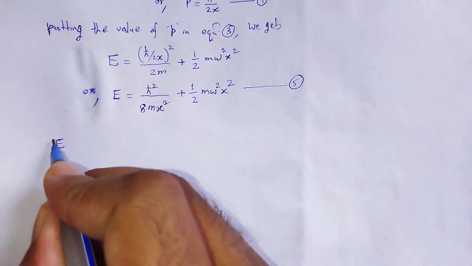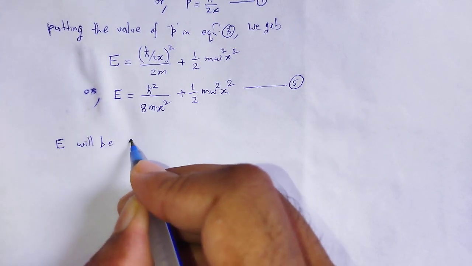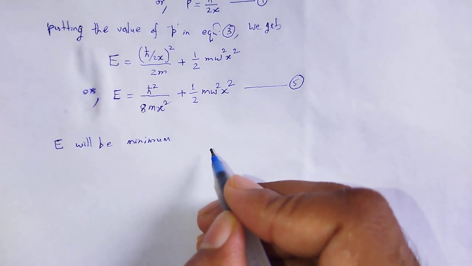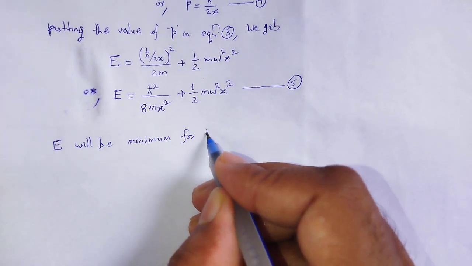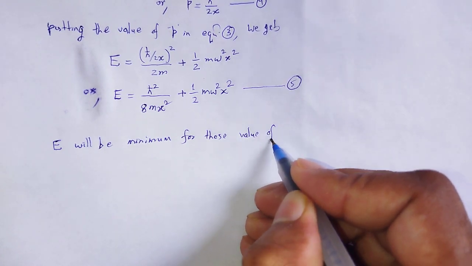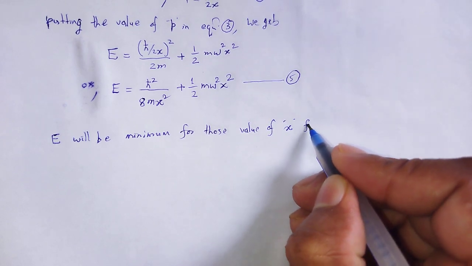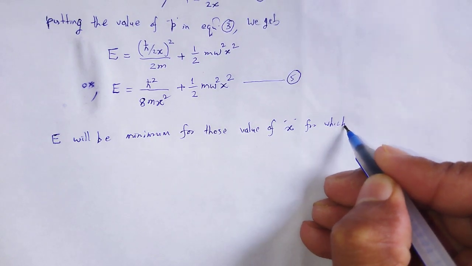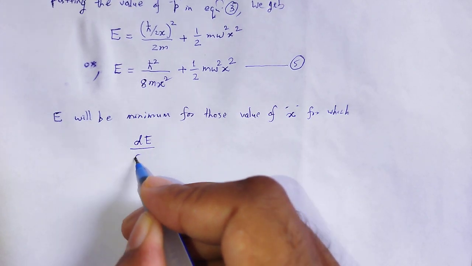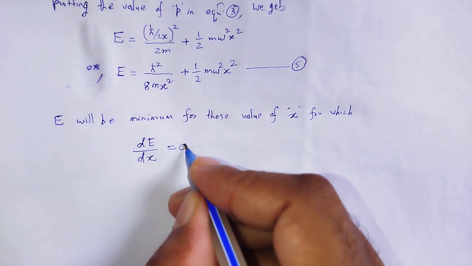E will be minimum for those values of x for which its differentiation, dE with respect to x, is equal to 0.